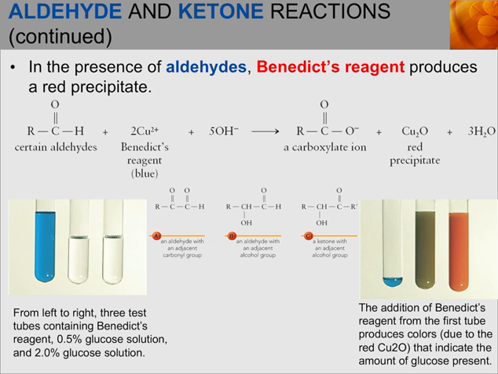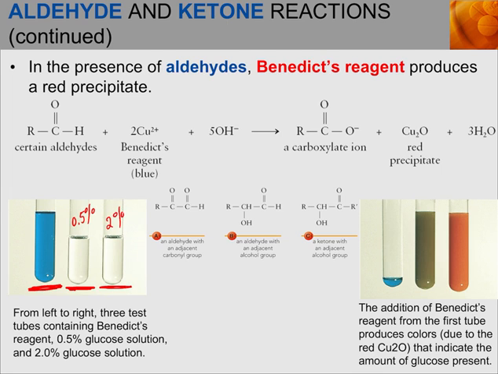Additionally, we could use something called Benedict's reagent to test for aldehydes. And again, Benedict's reagent will react with aldehydes, but not ketones. So, for example, a lot of sugars have an aldehyde present, such as glucose. So down below, we have Benedict's reagent in this first test tube. And then we have a glucose solution that's really dilute. It's 0.5% glucose. And then we have a glucose solution that's more concentrated.